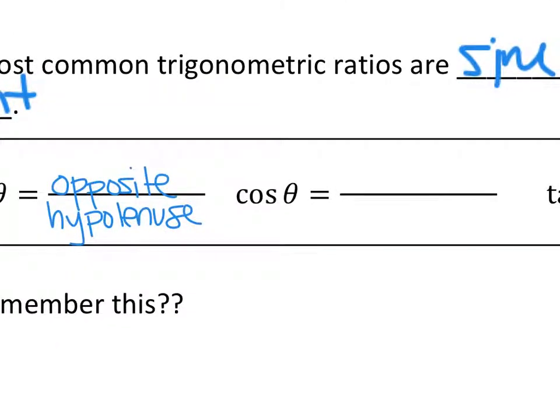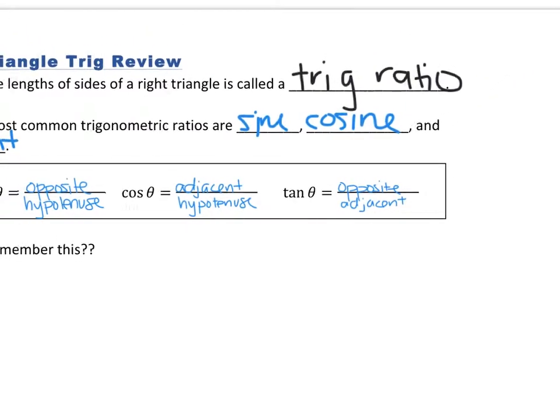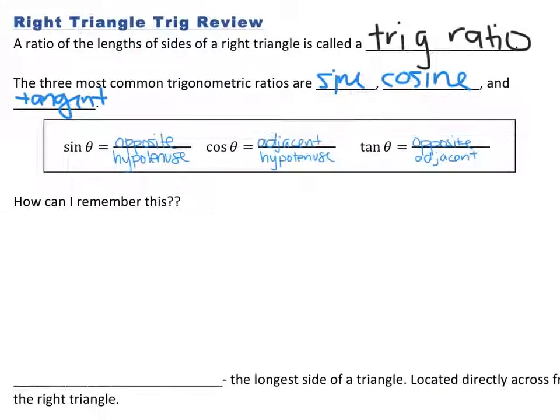Cosine is adjacent over hypotenuse. And tangent is opposite over adjacent. So sine is opposite over hypotenuse, cosine is adjacent over hypotenuse, tangent is opposite over adjacent.